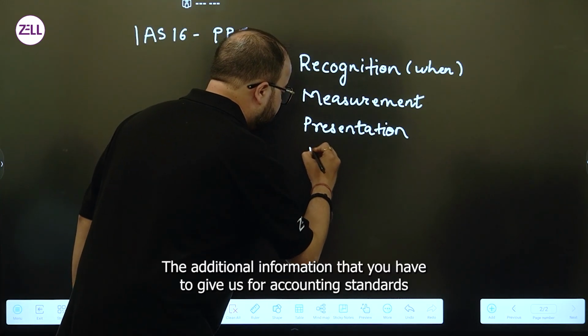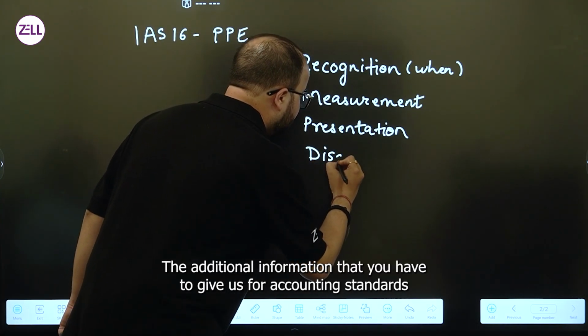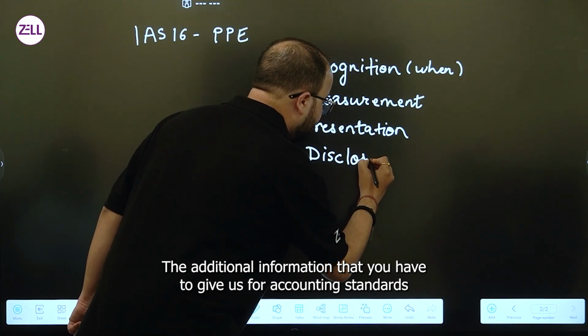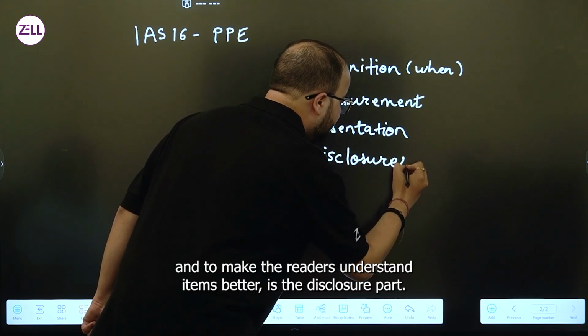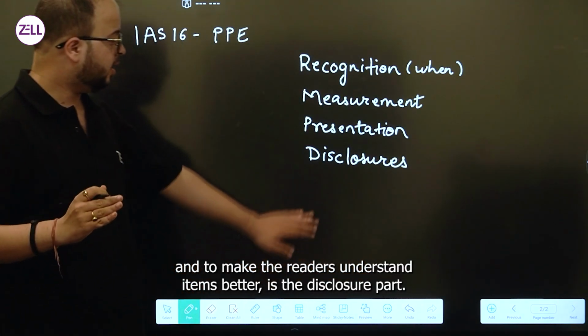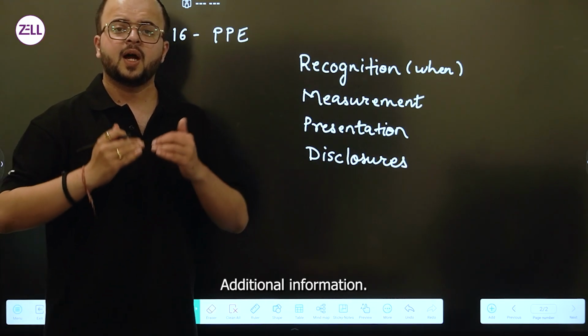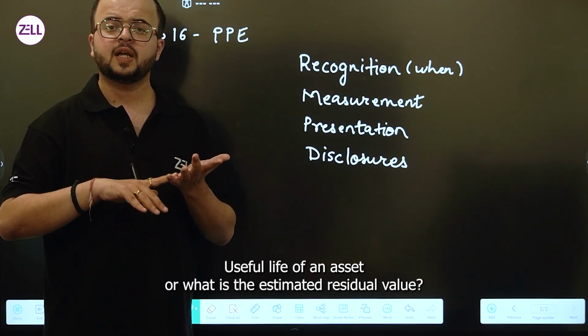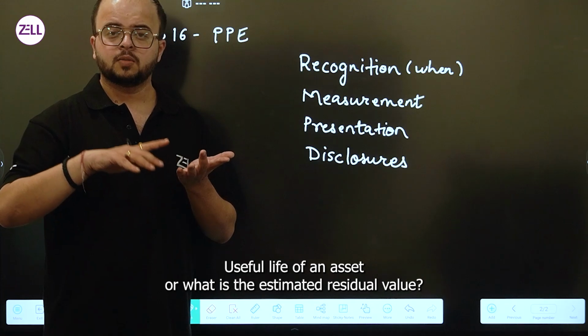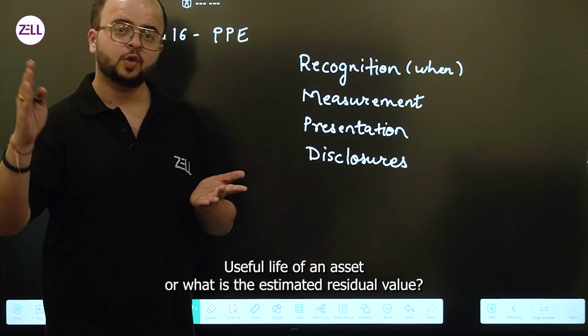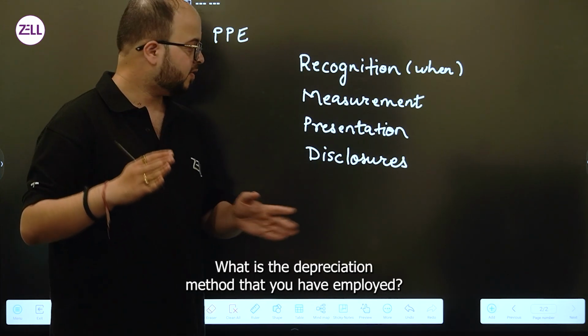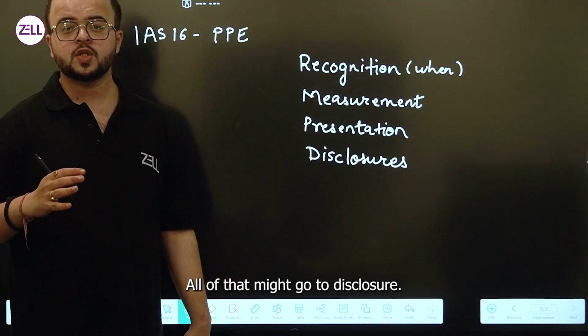The additional information that you have to give as per accounting standards and to make the readers understand items better is the disclosure part. Additional information, useful life of an asset, what is the estimated residual value, what is the depreciation method that you have employed, all of that might go to disclosure.